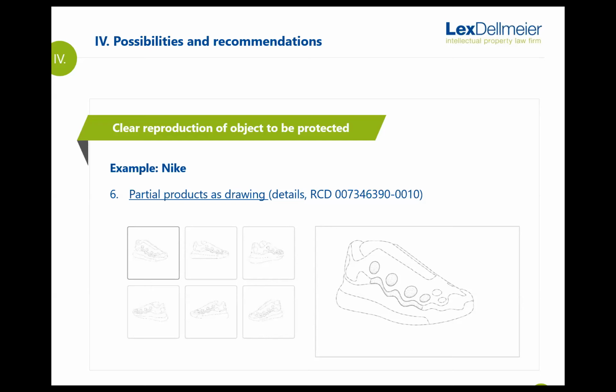So this next example is here, and maybe you can use the mouse to show it a little bit. You see here, those are the full lines. That means that is the protection that is claimed. And there are dotted lines. That means the whole shoe outside protection is not claimed for the shoe, but actually for these ornamental elements, these dots, and let's say this wave application.